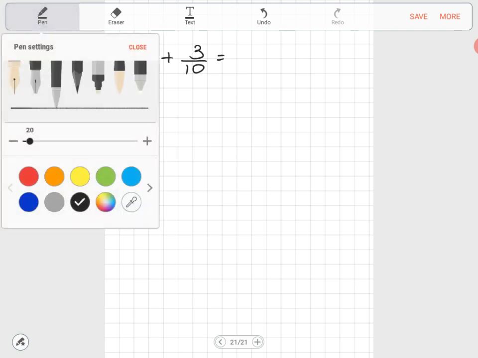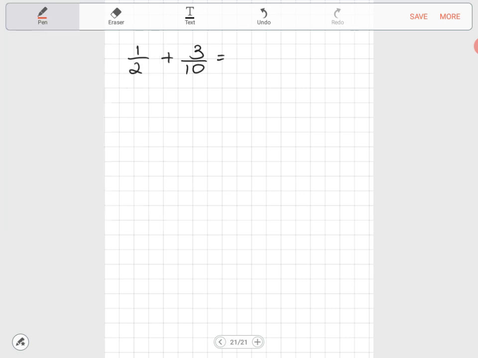Well, we can change the 1/2 and make it into tenths, so timesing both the top and the bottom by 5. So we would have 5 over 10, okay, because you know that half of 10 is 5, plus 3/10.